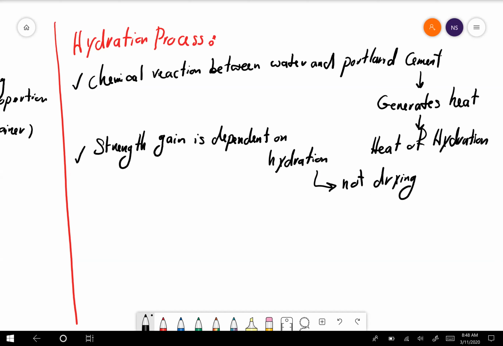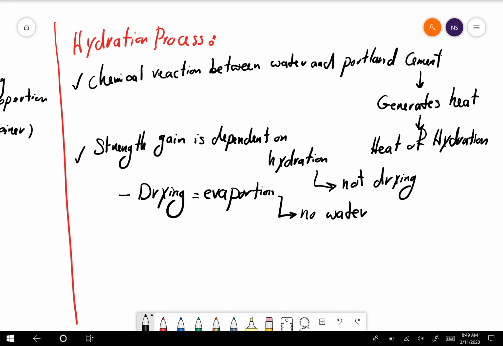Why is hydration not equivalent to drying? Because when we're talking about drying, drying means that the water is evaporating from the concrete. So we don't want drying to happen fast. This is the evaporation of water. And evaporation means you're going to have less water in the mix, right?